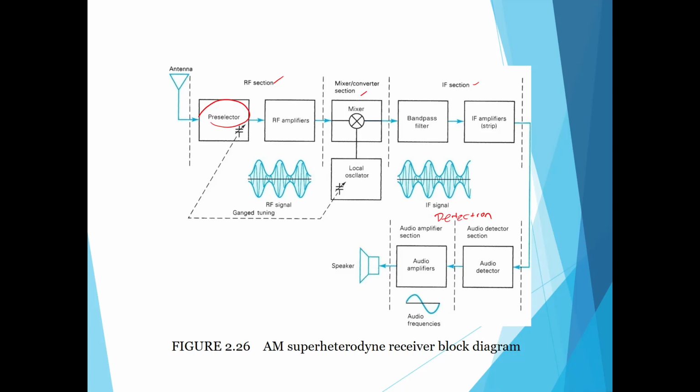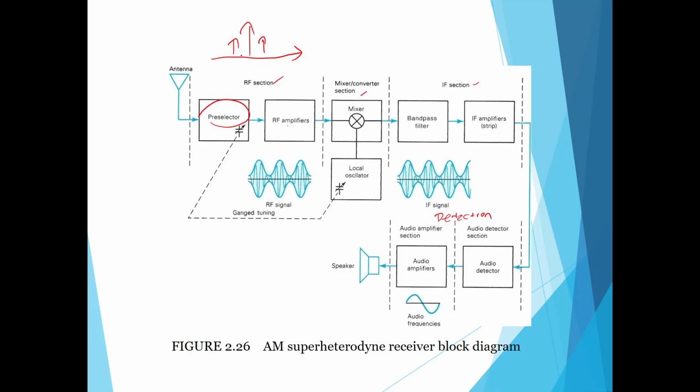The pre-selector only selects a portion of the bandwidth received by the antenna, and then we amplify the signal. So over here, if I draw the spectrum, that means here.